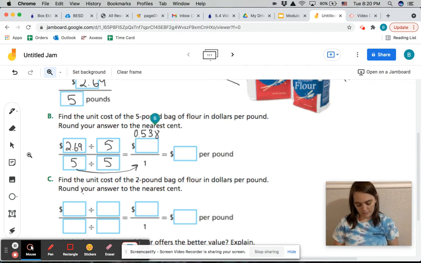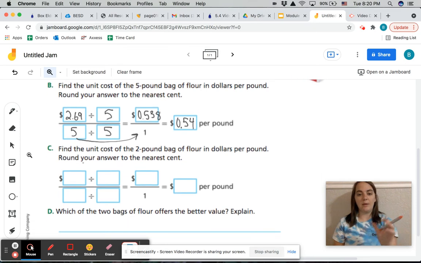What am I talking about? Because we have 2 boxes, it's going to be 0.538. And then we're going to round this to the nearest cent, which would be 0.54. Okay, perfect. Now we have the cost for the 5-pound bag per pound.